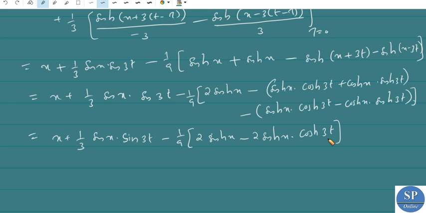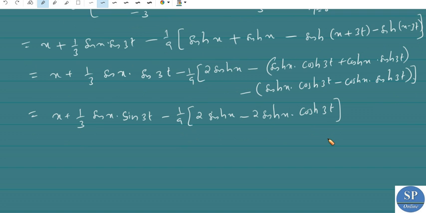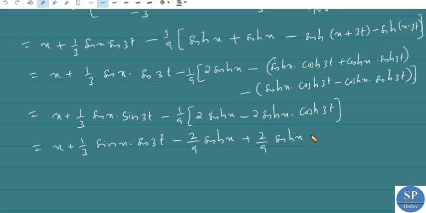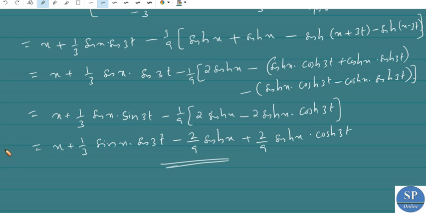So this is equal to x plus 1 by 3 into sin x sin 3t minus 2 by 9 into sin hx, plus 2 by 9 into sin hx cos h 3t. Okay, so this is our solution u of x, t.